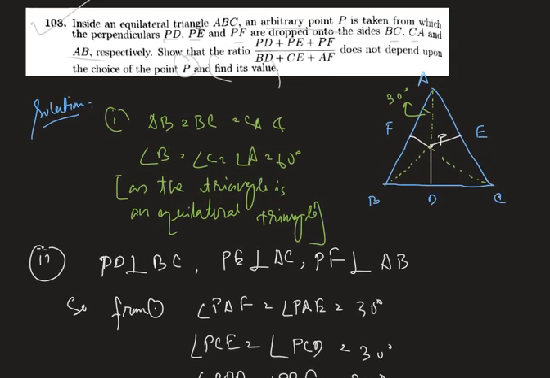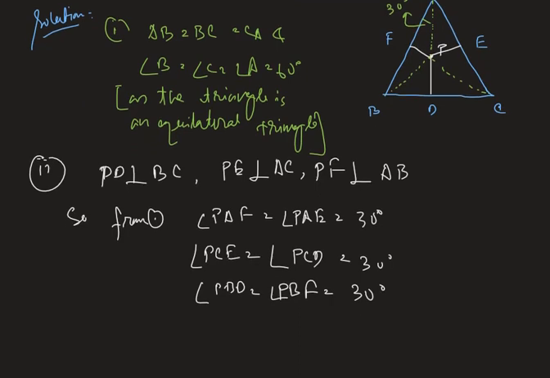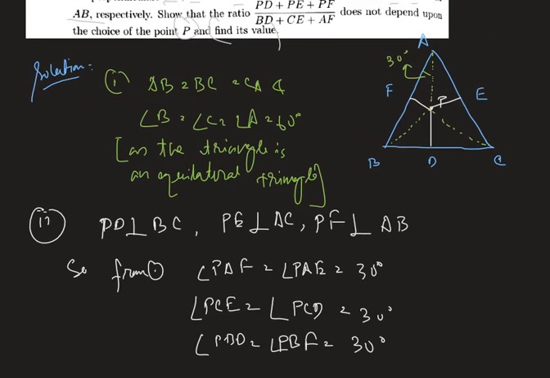Now in this given triangle we can see that in triangle PAF, जो कि ये triangle है, with a 90 degree angle PFA and with a 30 degree angle FAP.